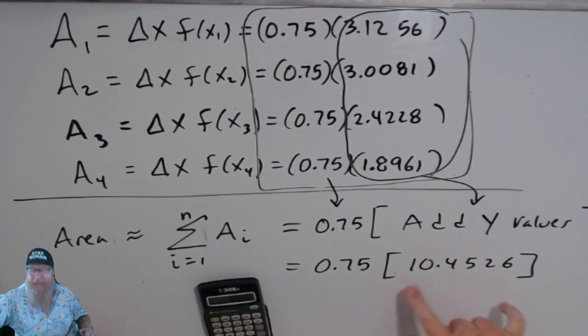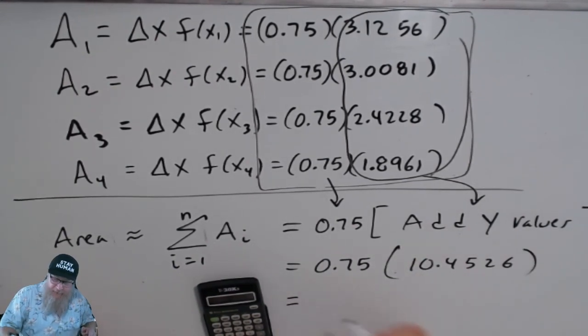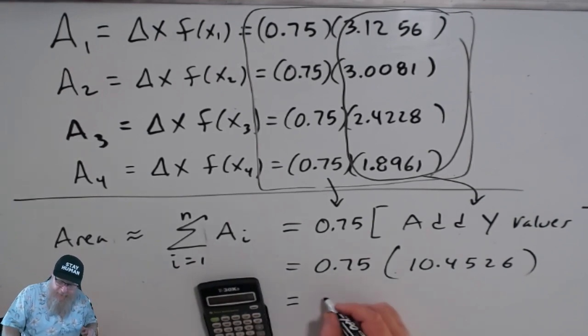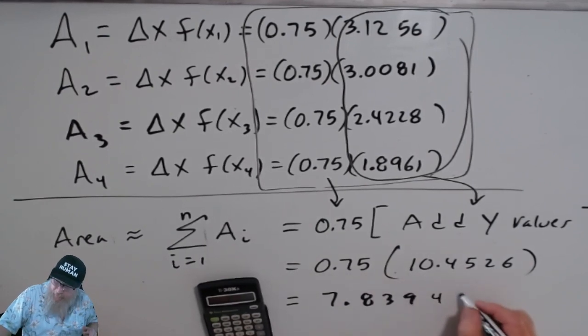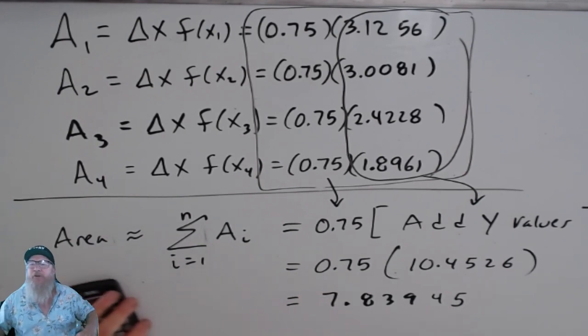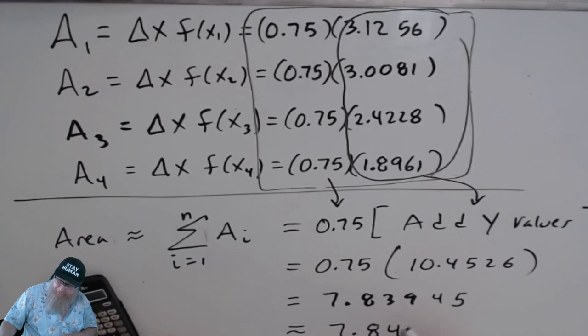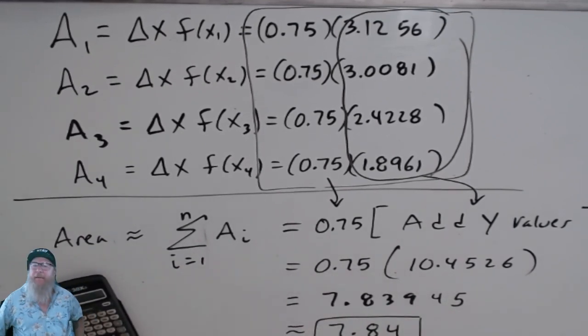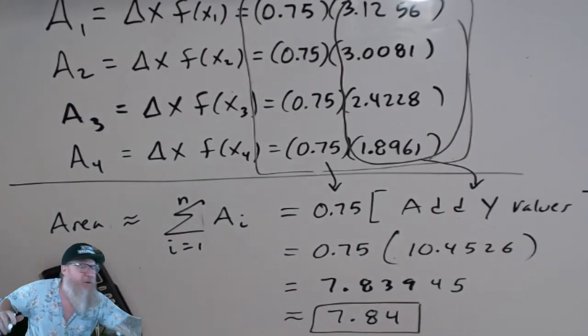I'm using brackets. They mean the same thing as parentheses. You know that. And then multiply that times 0.75, and you get 7.83945. You may round to the nearest hundredth in this one, so 7.84. And that would be my approximate area under this curve here.